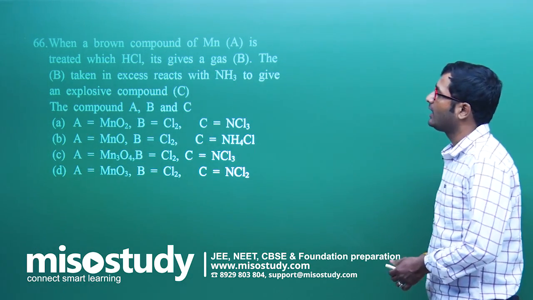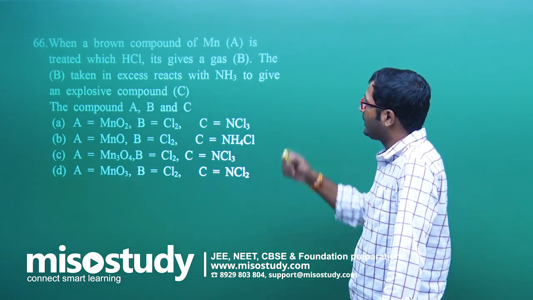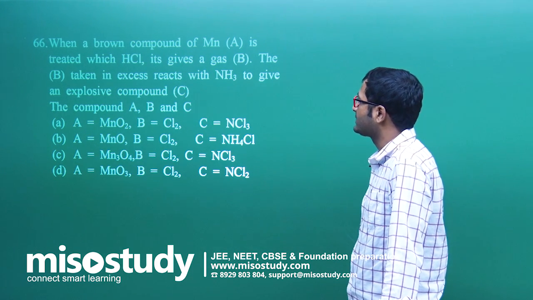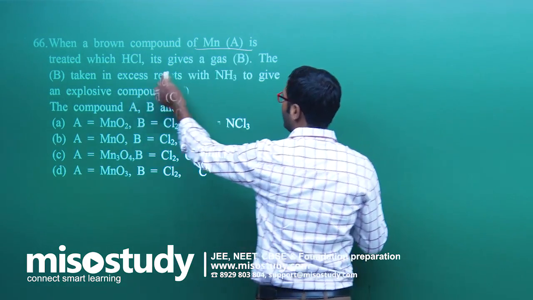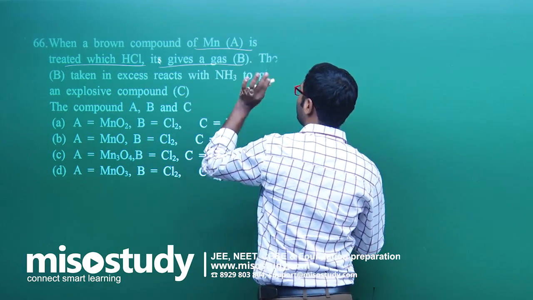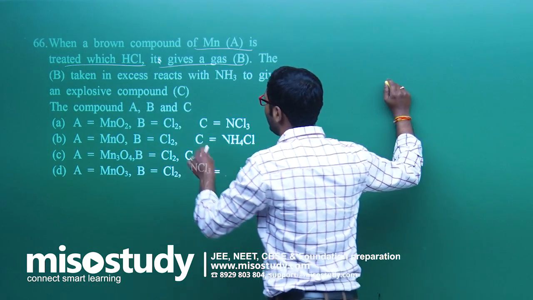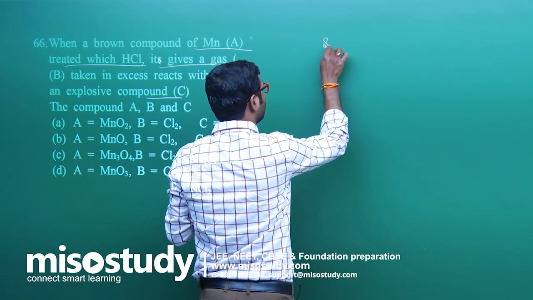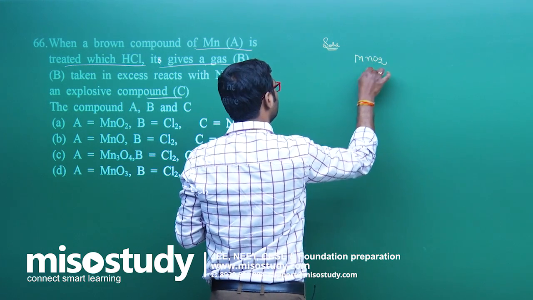Now, when a brown compound of Mn is treated with HCl, it gives a gas B. The B taken in excess reacts with NH3 to give an explosive compound. Simple. The brown compound of Mn is MnO2.